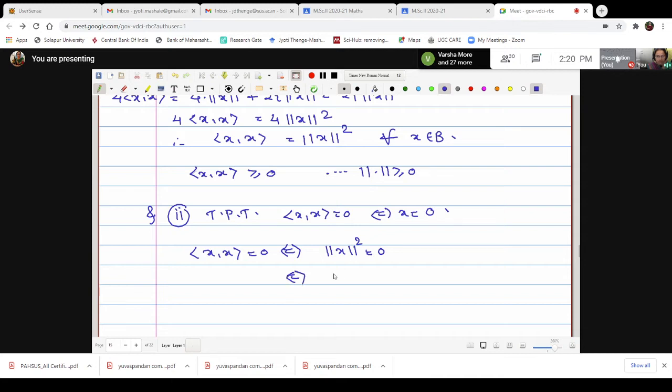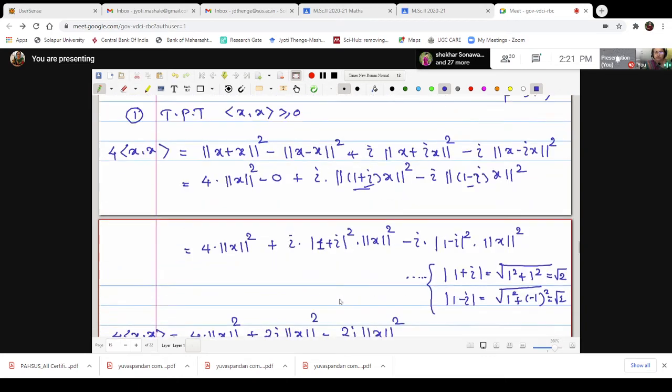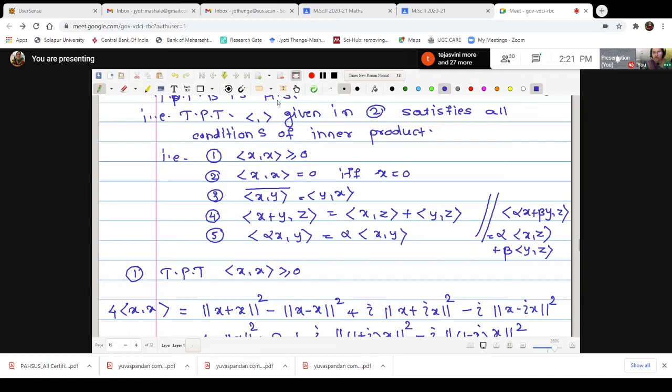Norm square of x is equal to 0 will give us norm x is equal to 0. Norm x is equal to 0 implies and is implied by x is equal to 0. Therefore, the first two conditions are true. Which two? This we have proved: inner product xx is greater than or equal to 0, and equal to 0 if and only if x is equal to 0.